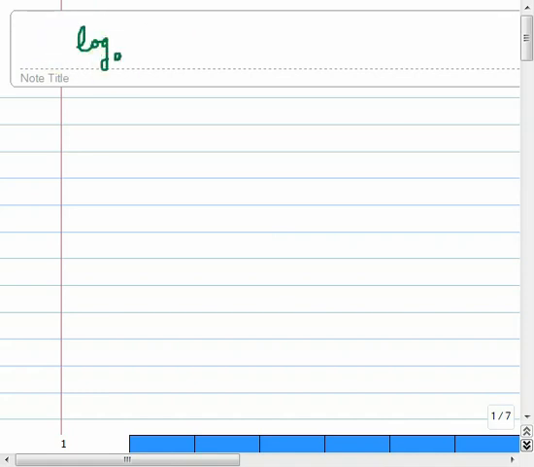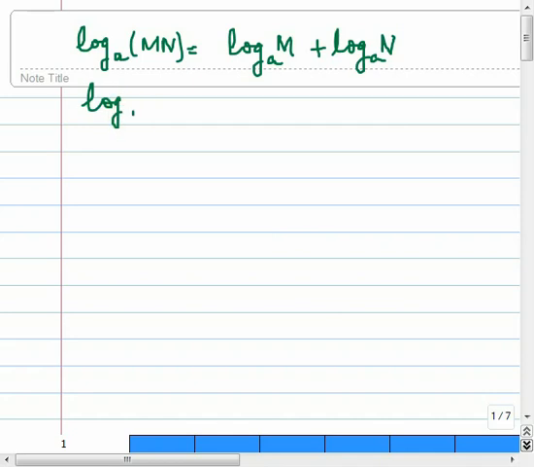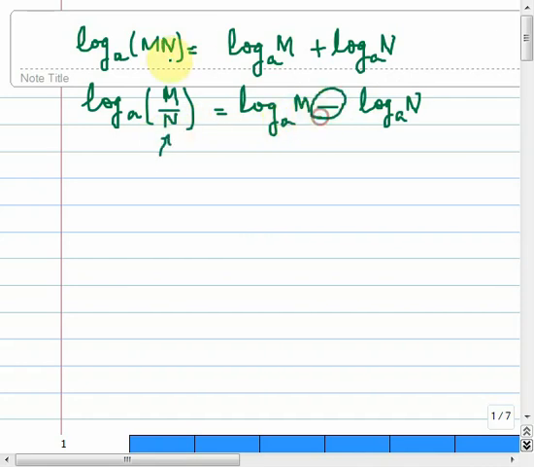Log to the base a of mn is equal to log to the base a m plus log to the base a n, and log to the base a of m upon n is equal to log to the base a m minus log to the base a n. When there is a division in the left hand side, then we get a minus sign. When there is a multiplication, we get a plus sign.